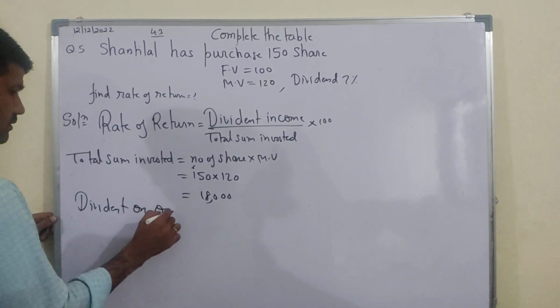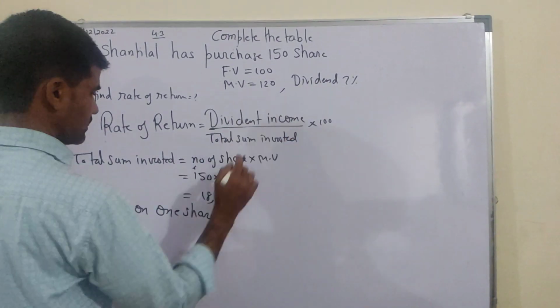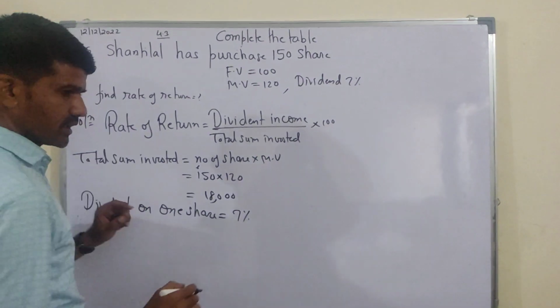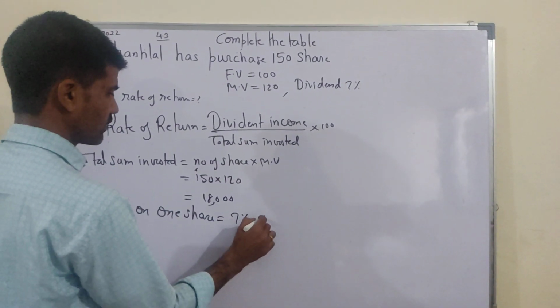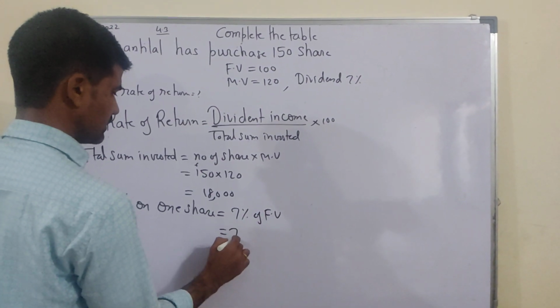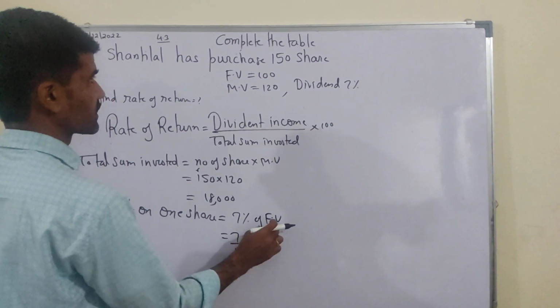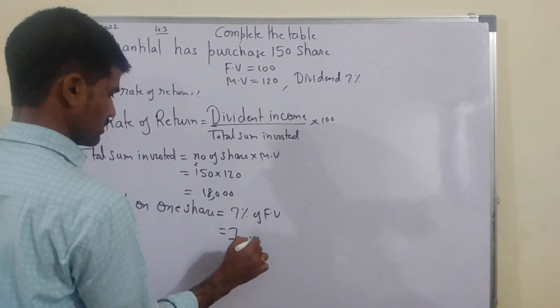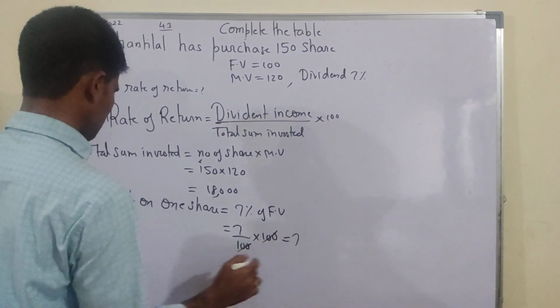Okay. Dividend on one share. How much dividend? 7%. Dividend is always calculated on face value. 7% of face value, that is 7% means upon 100. Of means multiplication, and face value is given, how much? 100. 100 cancel.